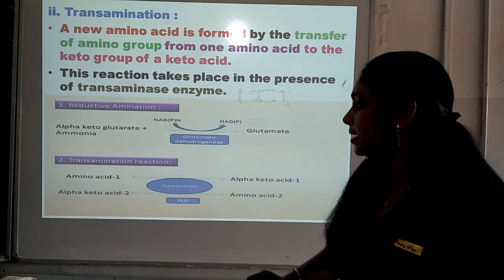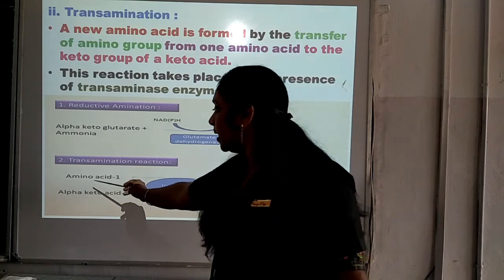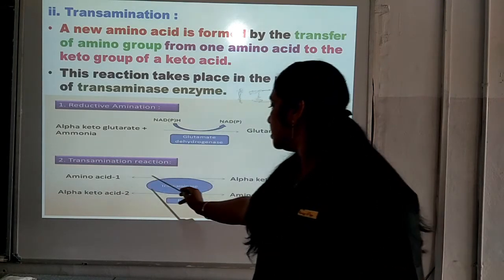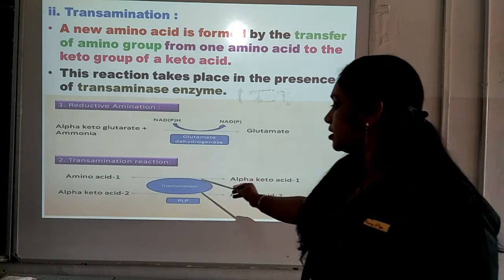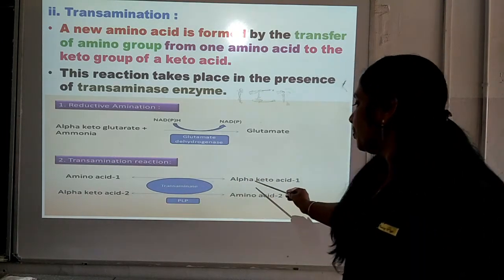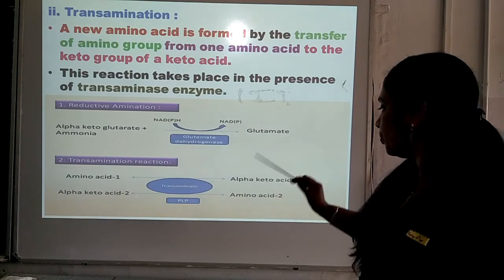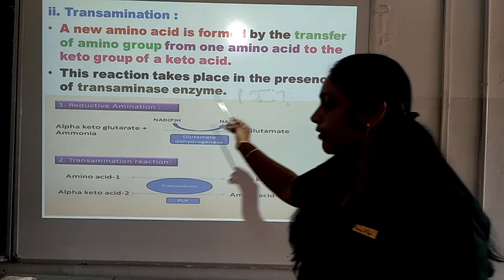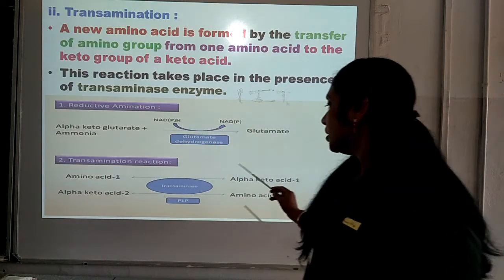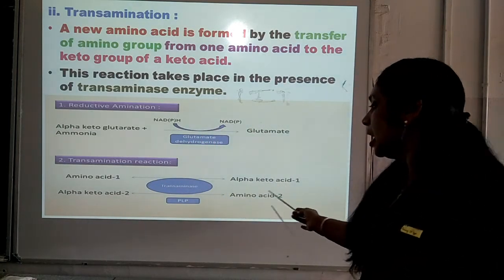Here you can see what is happening: the amino group is transferred in the presence of transaminase to the keto group, or we can say alpha keto acid, and this alpha keto acid is again converted to amino acid.